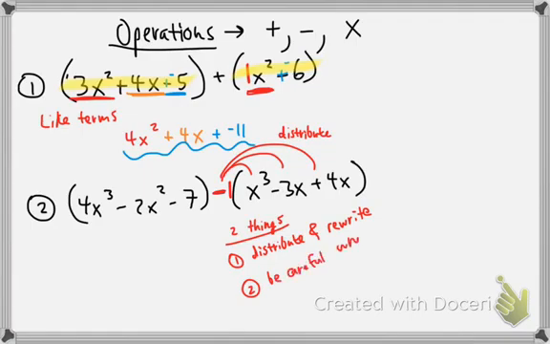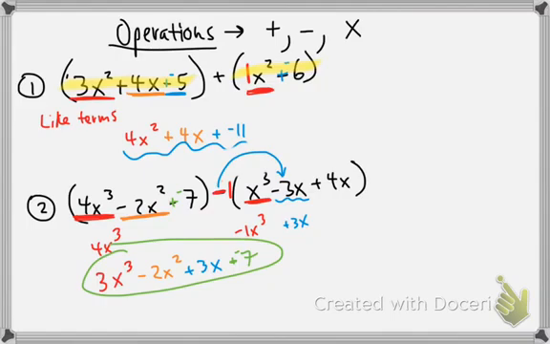Okay? So I'm going to choose that second route. I'm going to be careful to make sure when I'm subtracting, I take that negative along with me. Okay? So that is how we are going to tackle adding and subtracting polynomials together, okay?